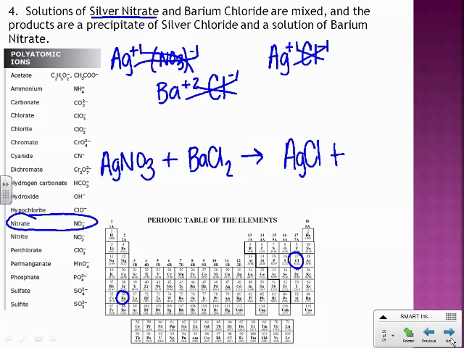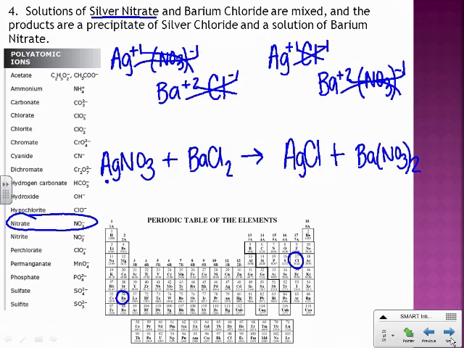Then the other product is a solution of barium nitrate. So barium comes from group 2, so it's a +2 charge. Nitrate is one of your polyatomic ions, NO3, with a -1 charge. And you take this 1 and place it in front of barium, and you take that 2 and place it outside the parentheses of NO3. So this becomes Ba(NO3)2. Okay? So let's start with our metals here. We have 1 Ag on this left side, and I have 1 Ag on the right side.